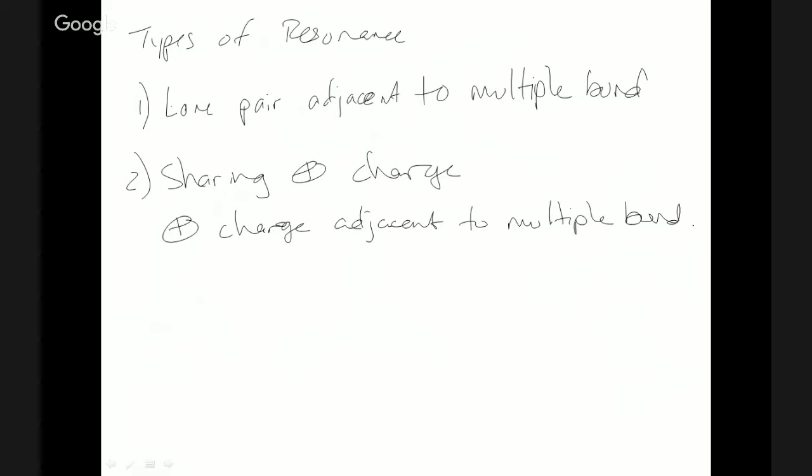That's number one. Number two, you can have a cation next to a multiple bond. We did several examples of those. The third one is a lone pair adjacent to a plus charge. So it's kind of a combination of the other two. Lone pair adjacent to positive charge.